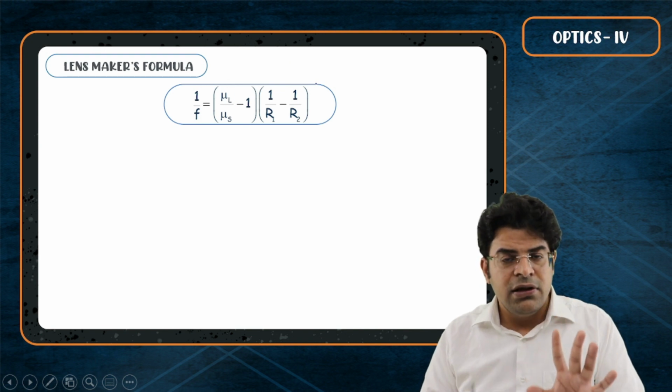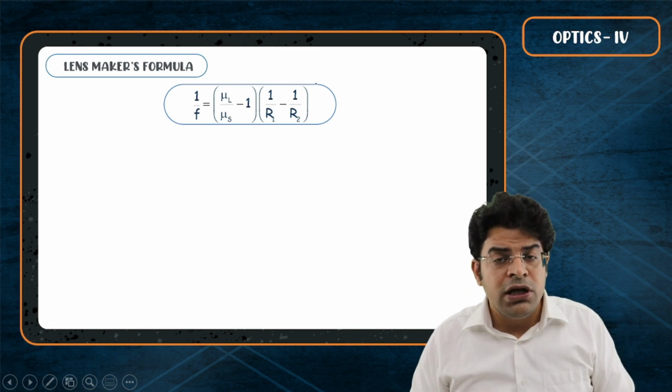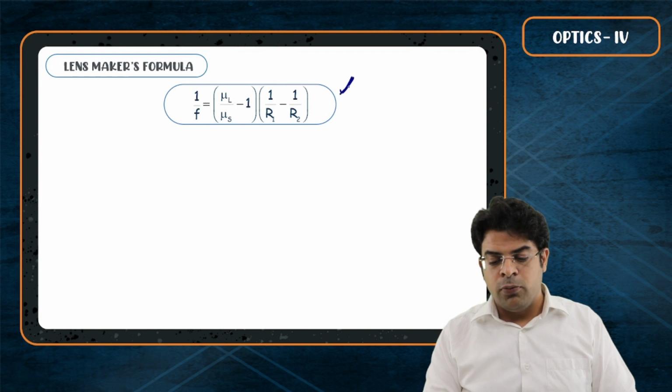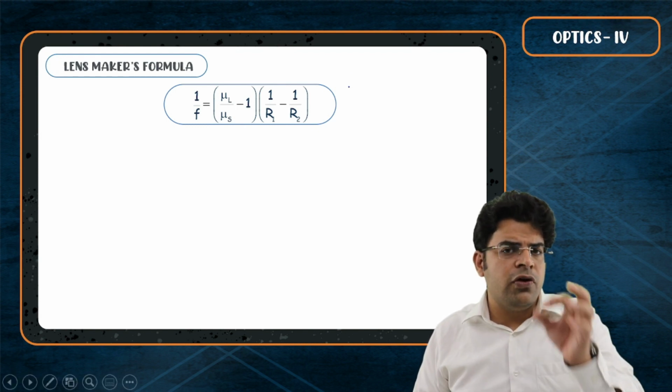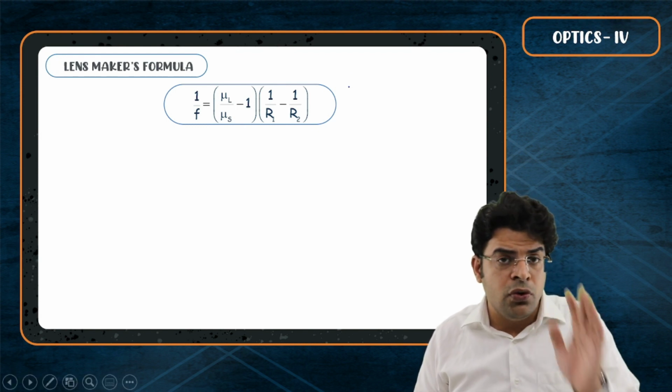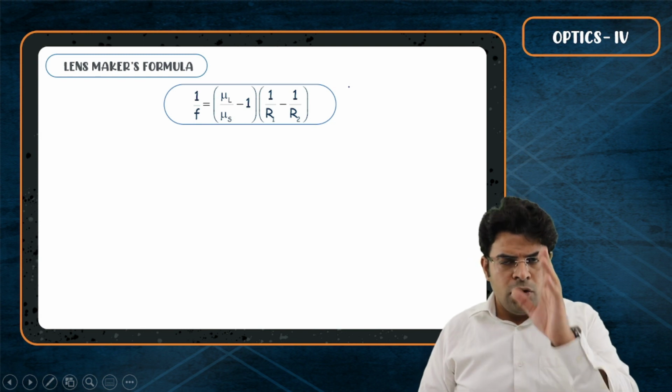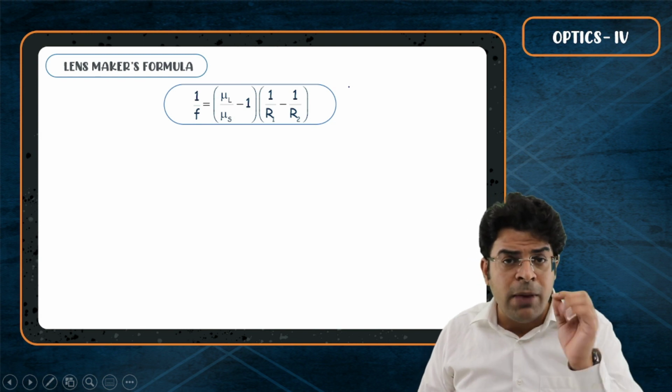Now again, only two things matter here. The first thing, mugging up the formula. I know that most of you already remember this formula, and those who don't, use your photographic memory to look at the screen right now and remember this formula.